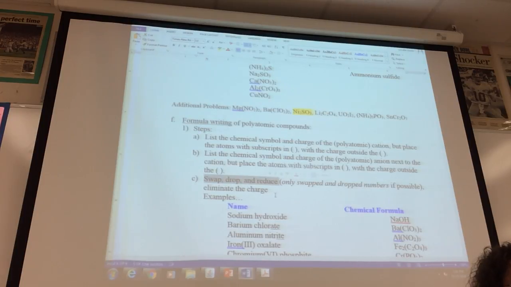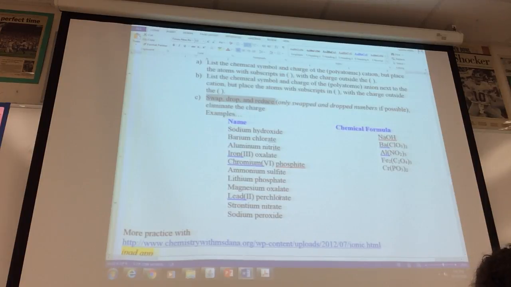Put the polyatomics in parentheses. Put the charge outside the parentheses. Swap and drop. Reduce only swapped and dropped numbers. Let's walk through a whole bunch of this, and then we're going to do a whole lot of practice.